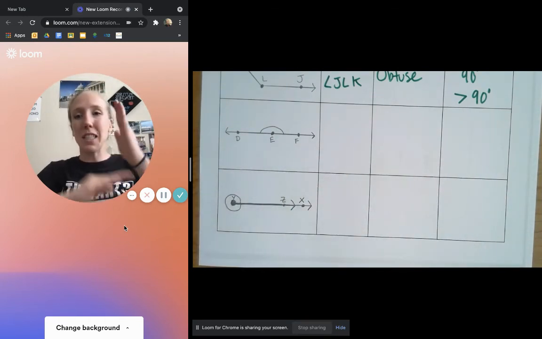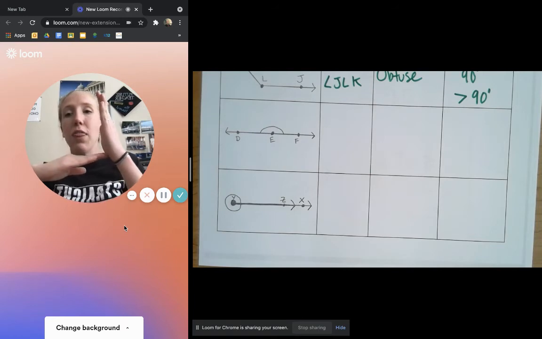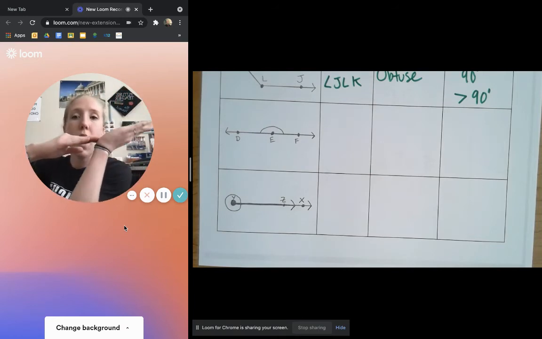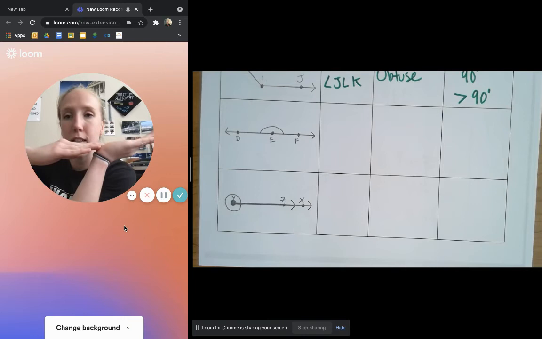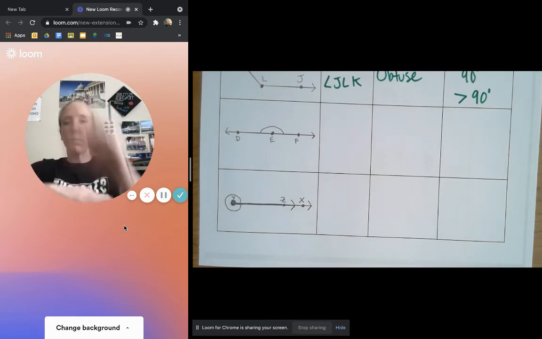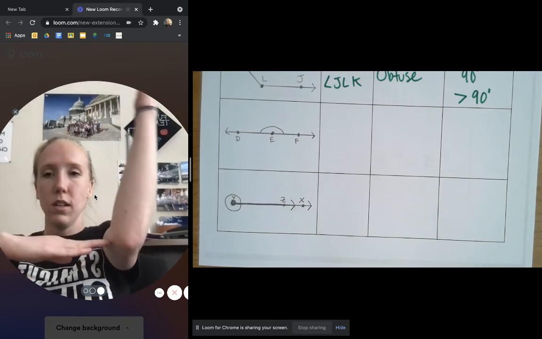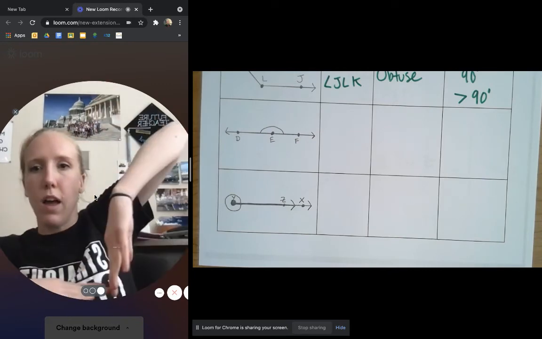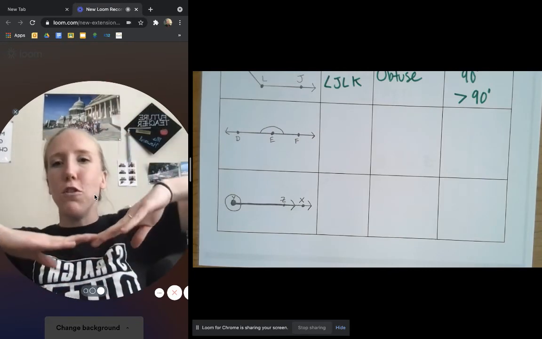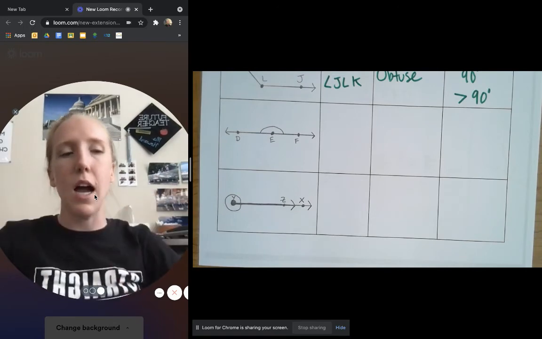What it actually is, is kind of like an angle that went around so far that it became a straight line. So if this is an angle, it goes around so far that it becomes a perfectly straight line.